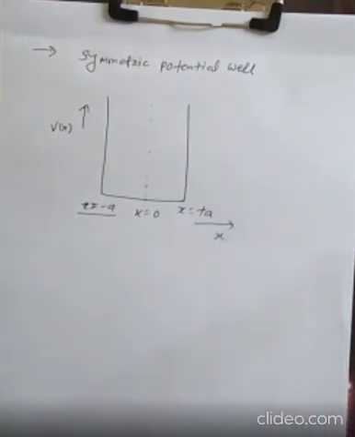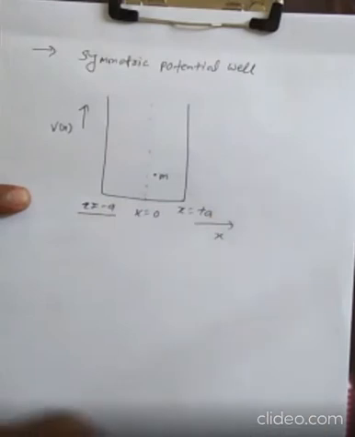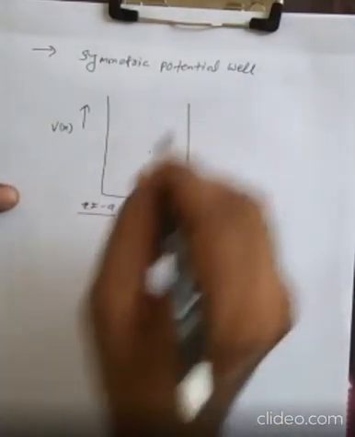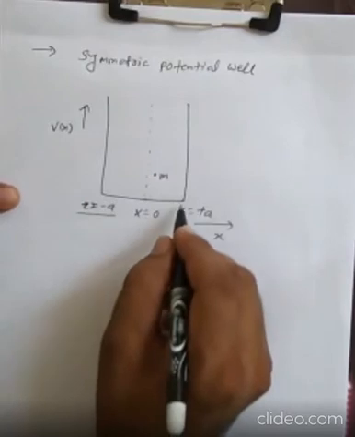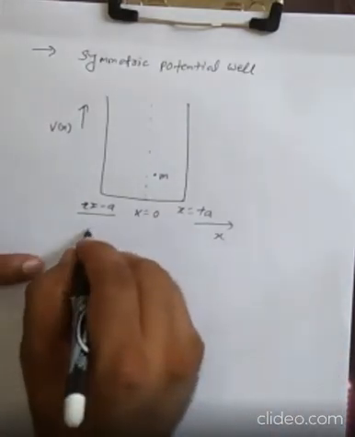This is the x-axis. So let's say a particle of mass m is here in the potential well. It is bounded between two infinite potential boundaries at x equal to minus a and at x equal to plus a. So the width of the potential well is 2a.